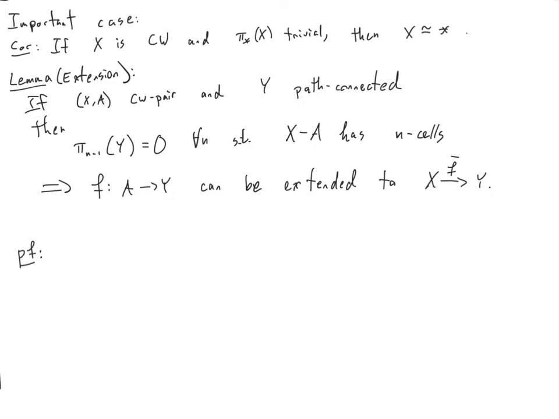It says that if X, A is a CW pair and you have a path-connected target space Y, and if for all n such that X, A has an n cell, you have that Y has pi n minus 1 trivial, then f from A to Y can be extended to f bar going from X to Y such that if you include A into X, this diagram commutes.